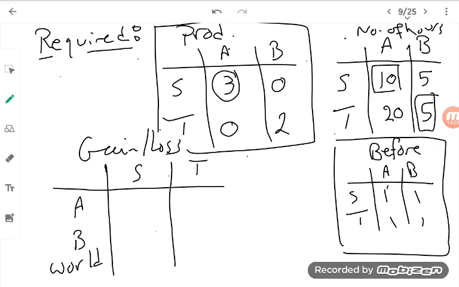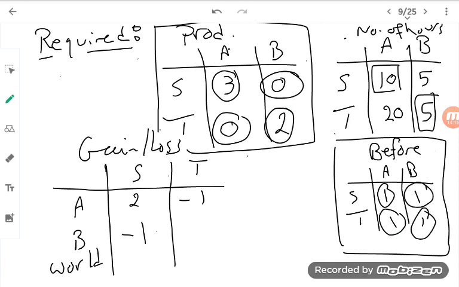So it's 3 minus 1, 2, 0 minus 1, negative 1, 0 minus 1, negative 1, 2 minus 1, 1. In order to calculate world gain, it's going to be the summation of S in the 2 countries. So it's 1, and with respect to T, it is 0. So after specialization, world production of soybeans is going to increase by 1 unit, and world production of textile will not increase. It's 0. Okay, this is the end of this point. Thank you.